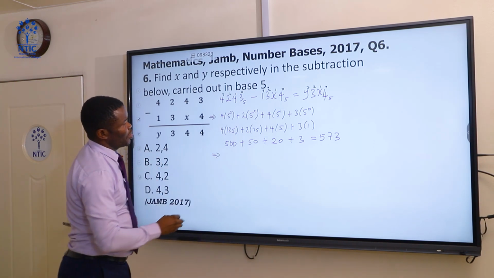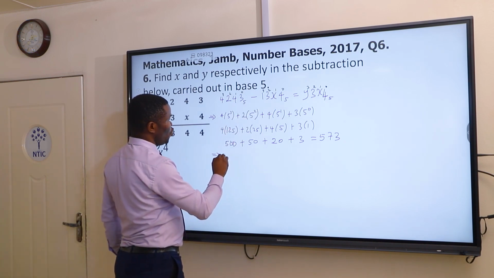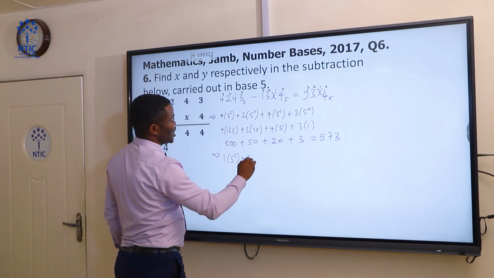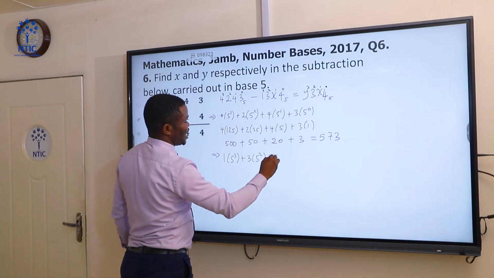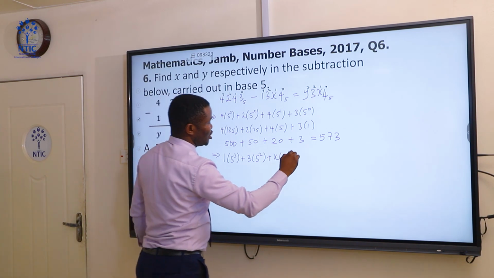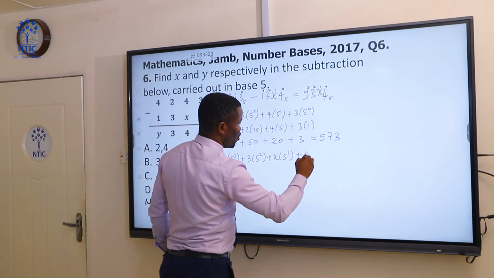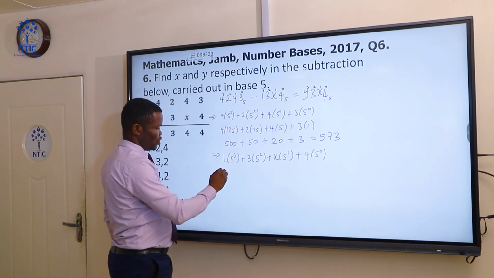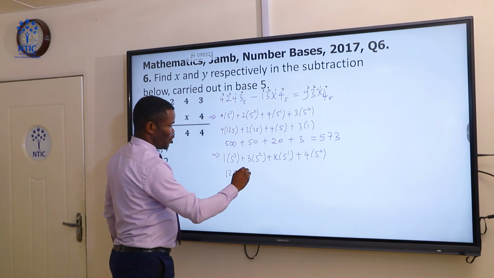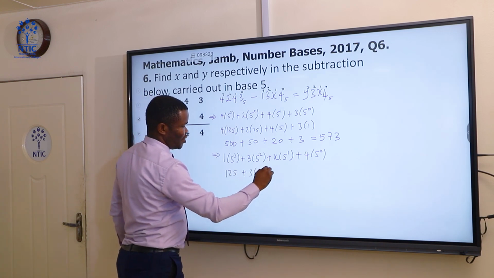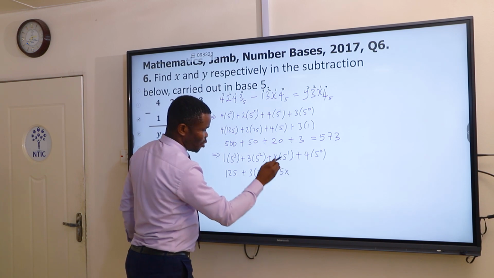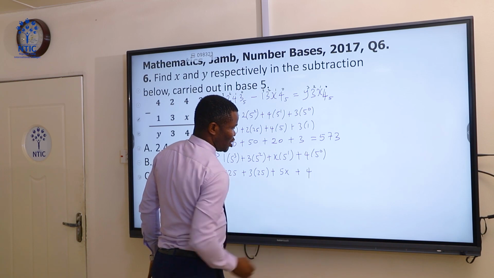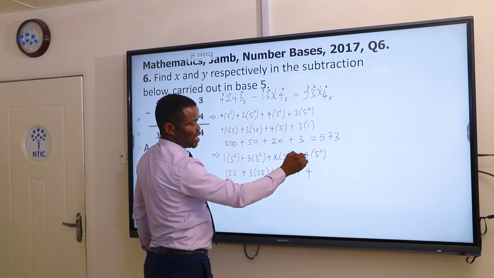The second number, we have 1 times 5 raised to the power 3 plus 3 times 5 raised to the power 2 plus x times 5 raised to the power 1 plus 4 times 5 raised to the power 0. And this is going to give us 125 plus 3 times 25 plus 5x, because 5 raised to the power 1 is 5 times x, 5x, plus 4, since 5 raised to the power 0 is 1 times 4.